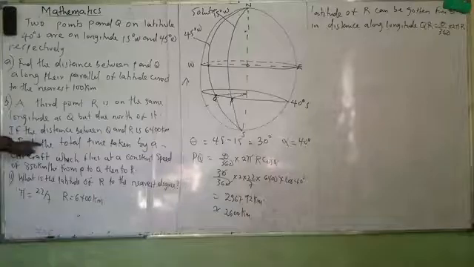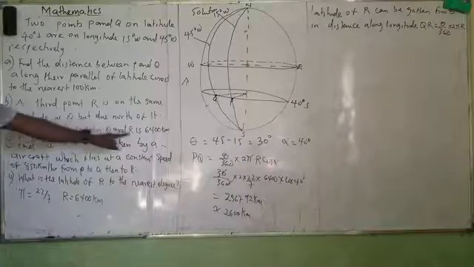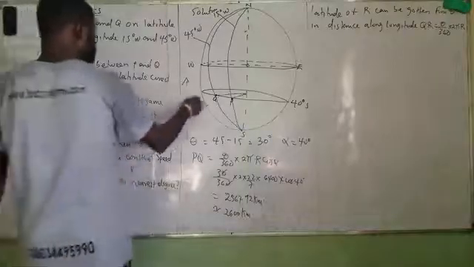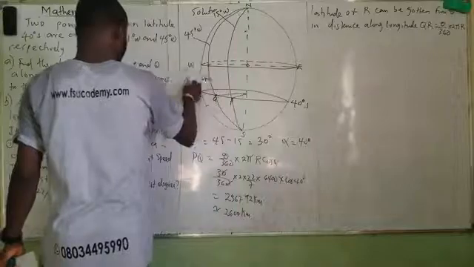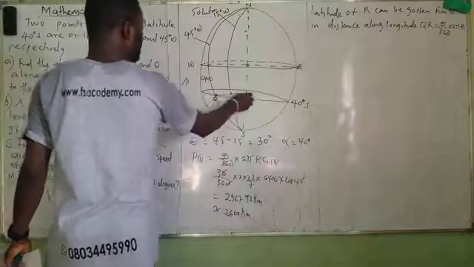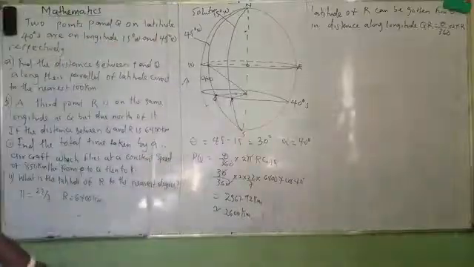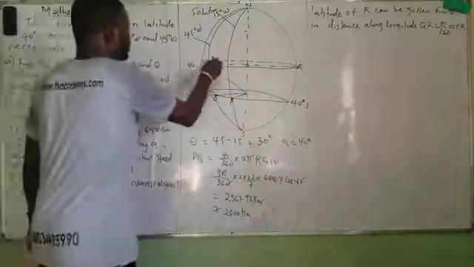If the distance between P and Q is 6,400 kilometers, it means I'm talking about something like this. Here should be the R. Can you see?